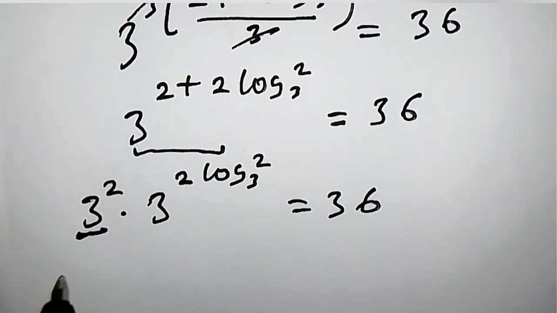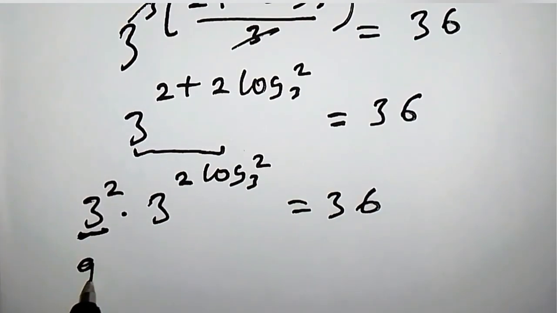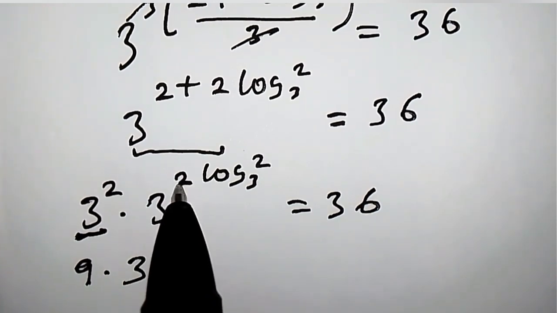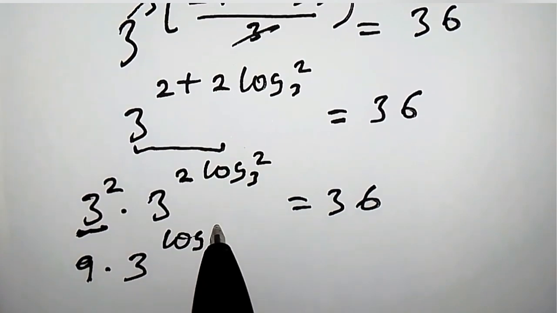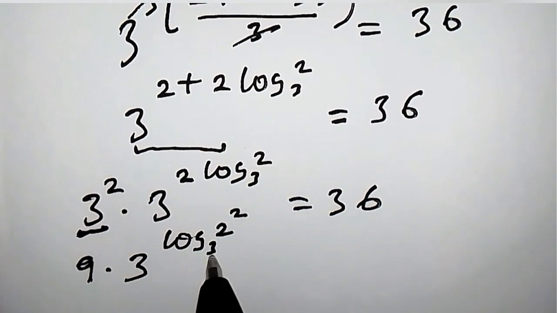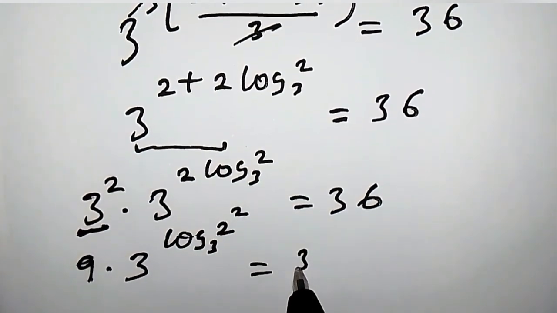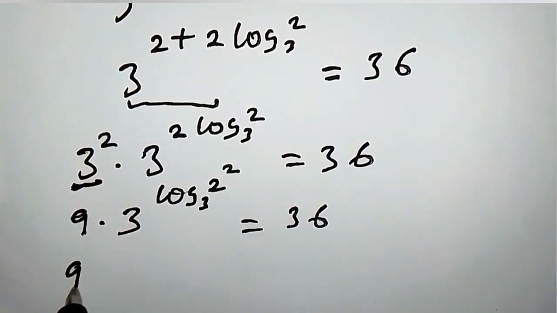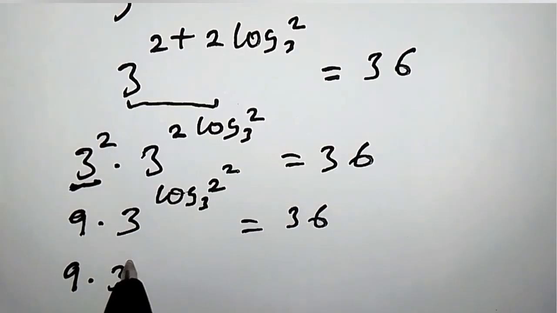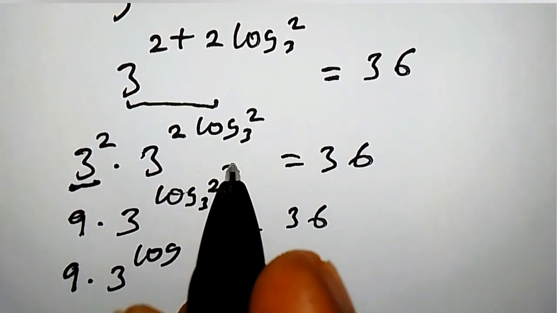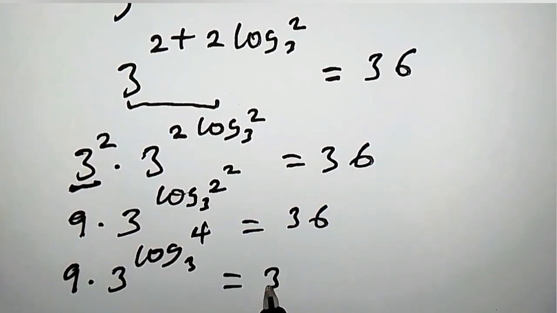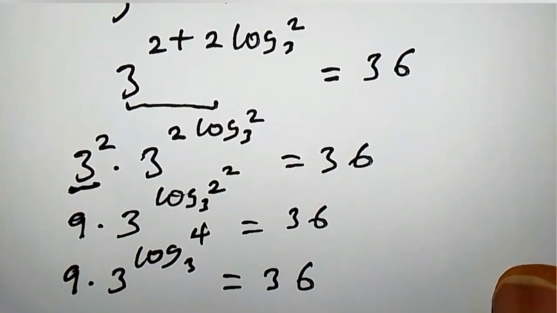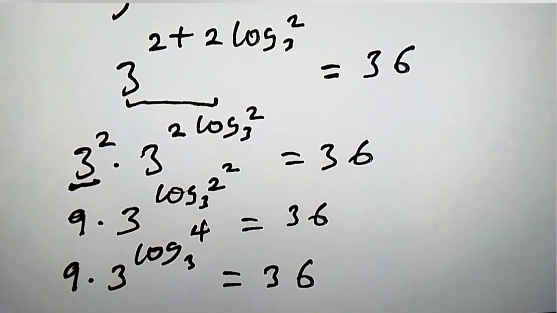What is 3 square? 3 square is simply 9 times 3. If we move this 2 up, we're going to have log 2 square base 3 equal to 36. So we have 9 times 3 raised to log 2 square, which is simply 4, base 3 equal to 36. At this stage, we have to recall a very beautiful property.